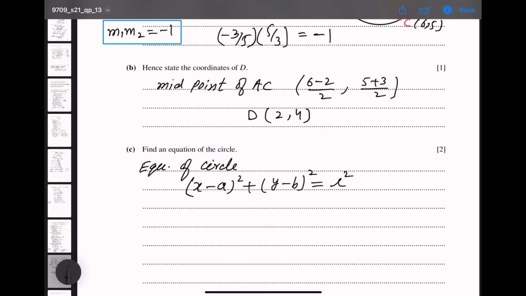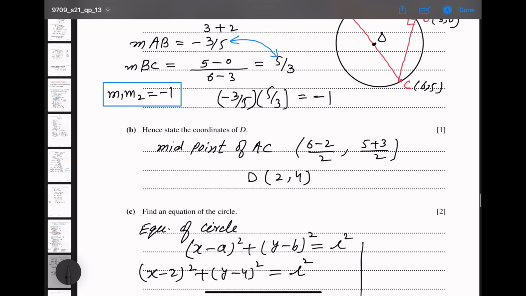So a is 2 and b is 4. We can write it as x minus 2 whole square plus y minus 4 whole square is equal to r square.